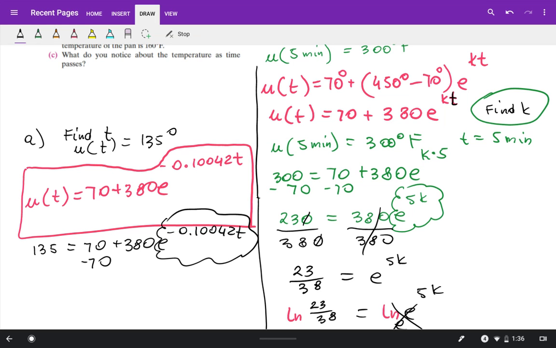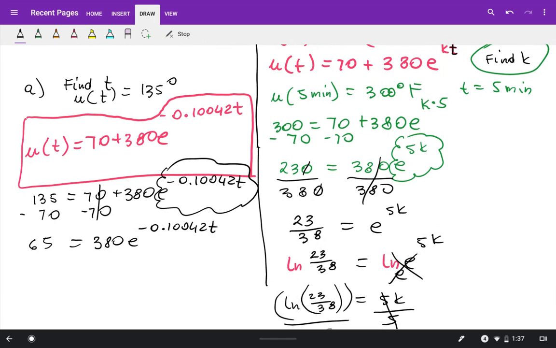Okay, so we need to isolate this part, to change the exponential equation to a logarithmic equation. So I'm subtracting 70 from both sides. That will give me 65 equal 380 e to the negative 0.10042 t. Again, before I attach ln, I need to divide both sides by 380.